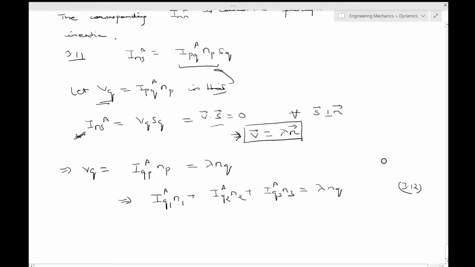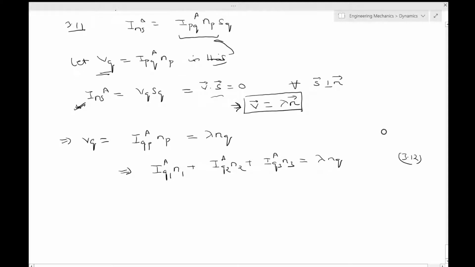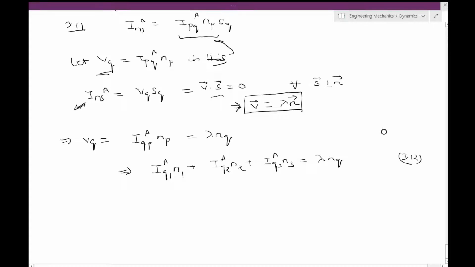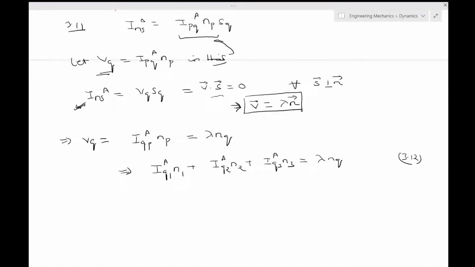Now this 3.12 is essentially three equations. You should also try to answer how I_qp n_p can be written as lambda n_q.